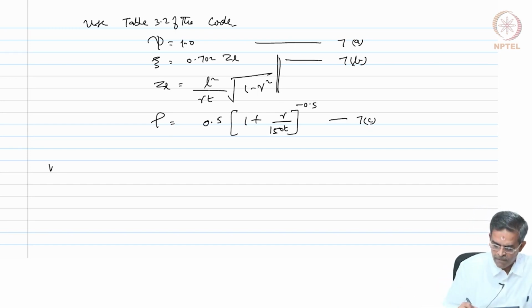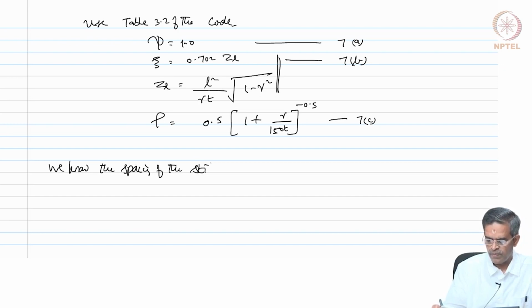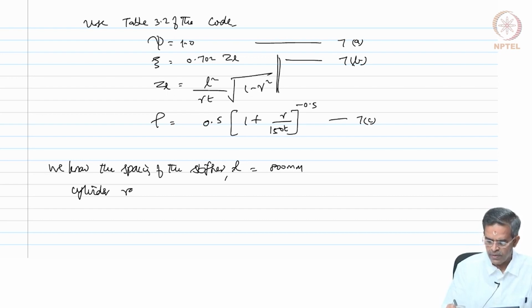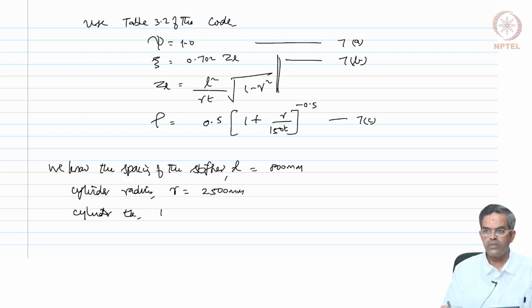Now we know the spacing of the stiffener, L, which is 800 mm. We also know the cylinder radius, R, is 2500 mm. We also know the cylinder thickness, T, is 30 mm.